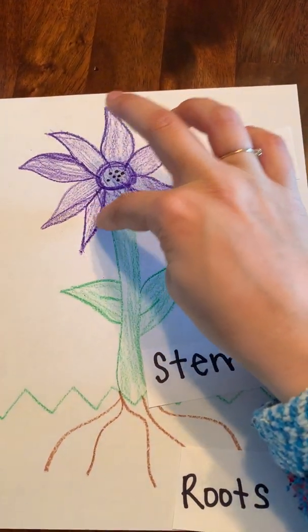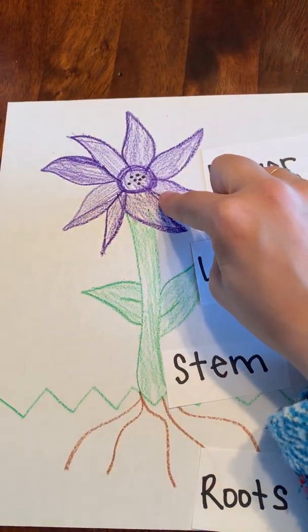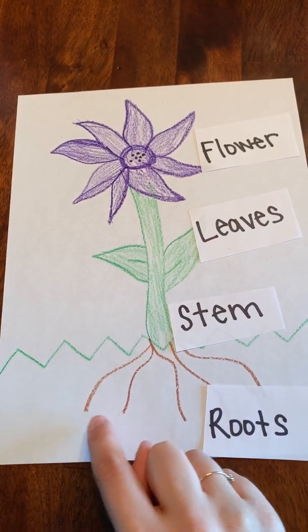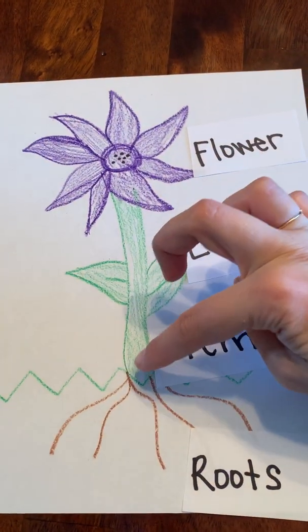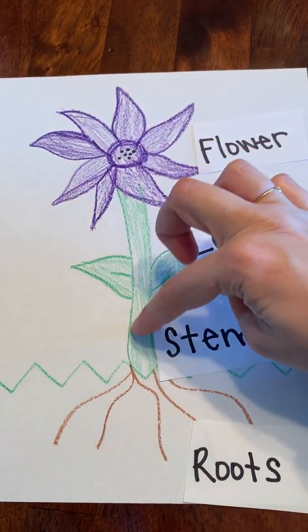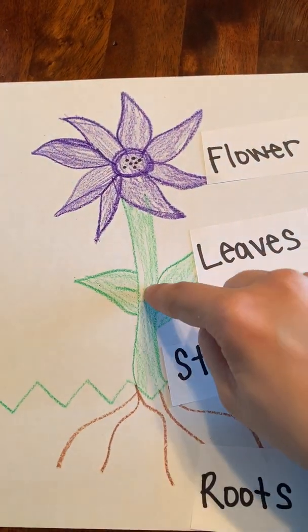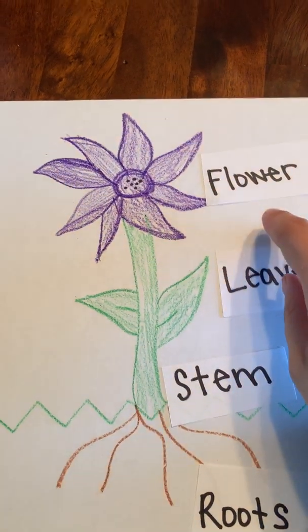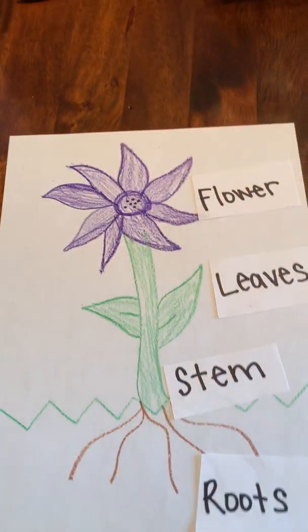And then the prettiest part of the flower is obviously the flower. Okay, so let's go over them one more time. These are called the roots. And we have the long, skinny green line, stem, these outward objects, leaves, and the prettiest part is the flower.